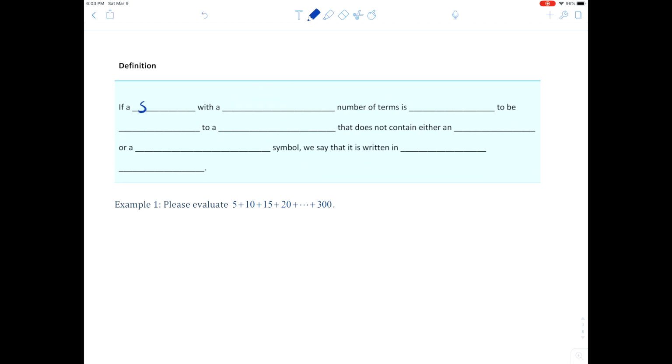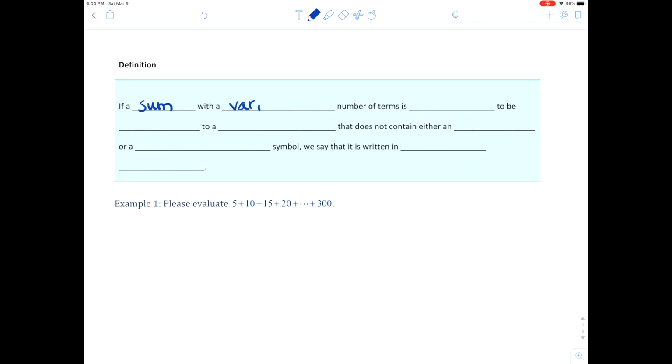So if a sum with a variable number of terms is shown to be equal to a formula that does not contain either an ellipsis or a summation formula, we say that it is written in closed form.